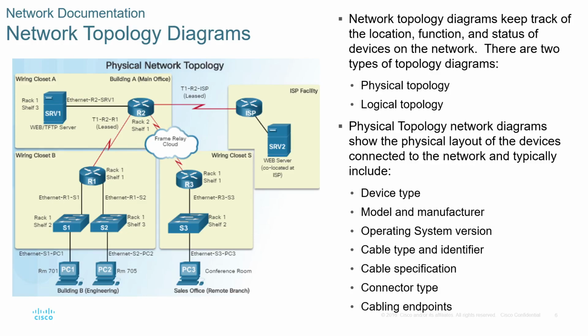The cable specification, especially if we have different types of cables in our network, such as Cat5, Cat5e, Cat6, will all be identified in the physical network topology. We're also going to have connector types sometimes, and also cabling endpoints. So where the cable terminates.